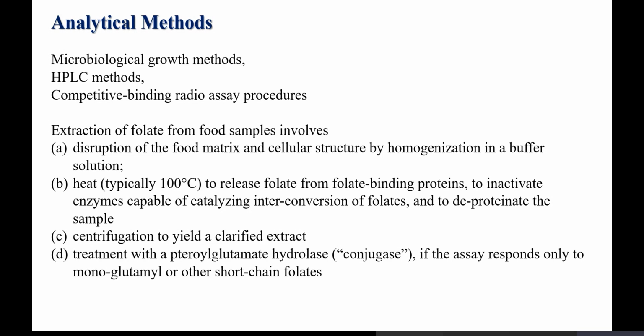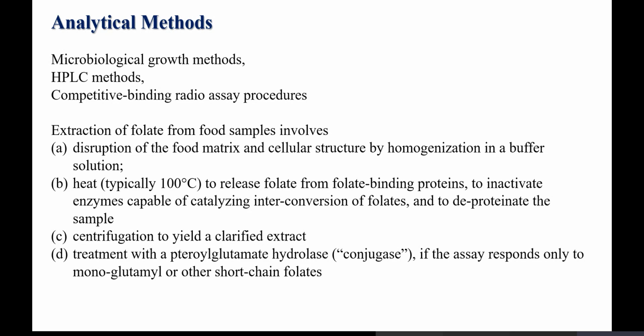But while disrupting, one should make sure there is less oxygen or less sunlight exposure, so that degradation does not take place during extraction itself, like disrupting the cellular structure by homogenization in a buffer solution, typically at 100 degrees Celsius. Heat releases the folate from folate binding protein, and then inactivates enzymes capable of catalyzing interconversion of folates, giving a deproteinated form.